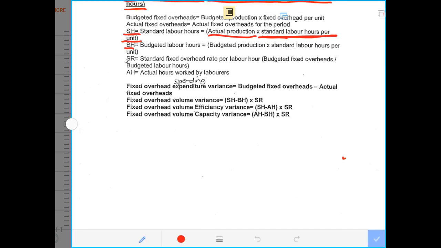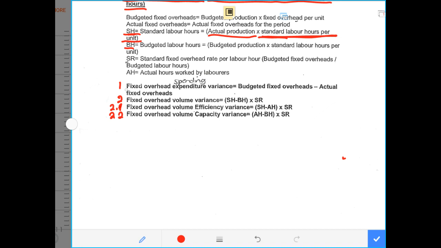The last variances that we have are variance number 1 and variance number 2, and this will be 1.1, this will be 2.1 and 2.2, because these two variances are made up of the second variance.